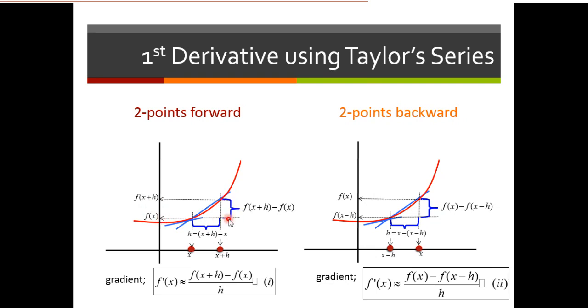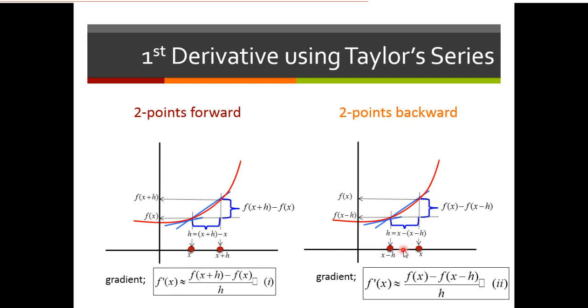So you get the difference value, and then in the x-axis the difference value is actually x plus h minus x. So you're going to left only the value of h. Okay, so this is where we get the formula for differentiation of Taylor series.